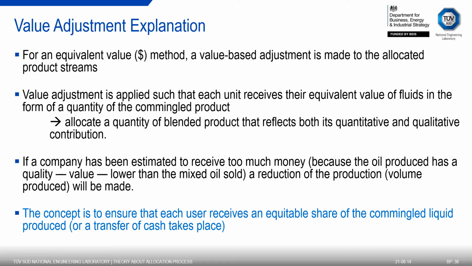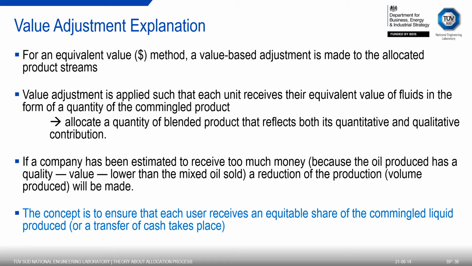The value adjustment is done now not anymore on the liquid, but on the dollar. So the whole idea is, after you have calculated the proper production for each platform, you look at the quality of the oil produced by each platform, and then you can evaluate the number of dollars that should be given to each platform.